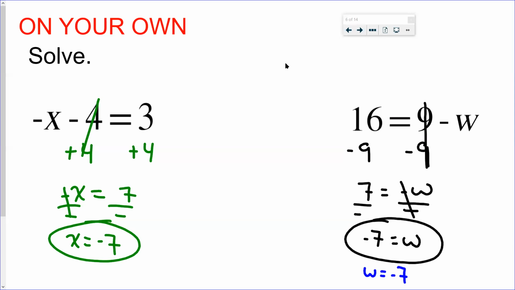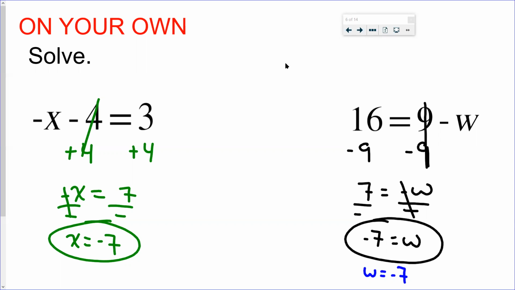If these are problems that are still confusing you, put a star next to it, because in just a little bit, we're going to get together and talk about what we learned and see if there's anything that's still confusing.